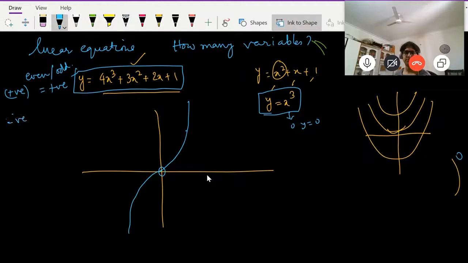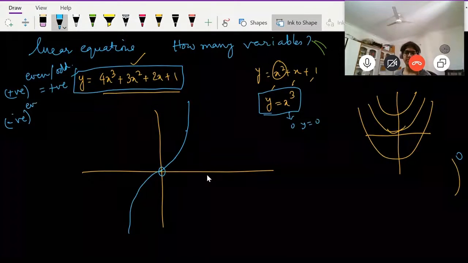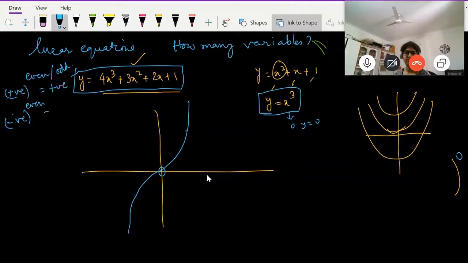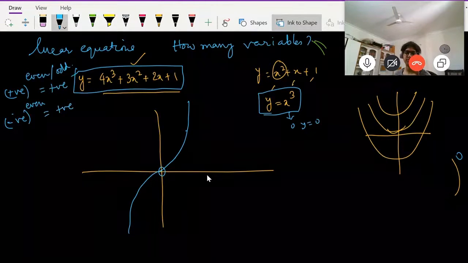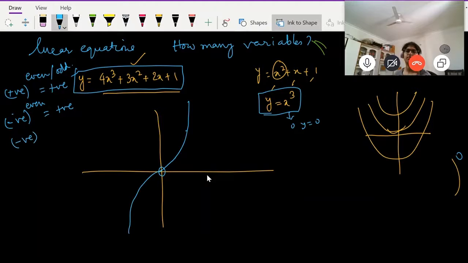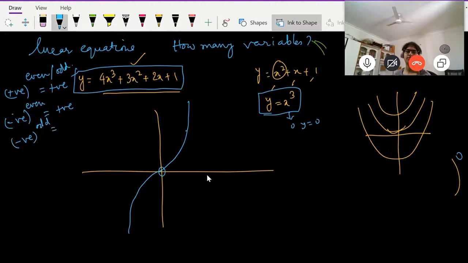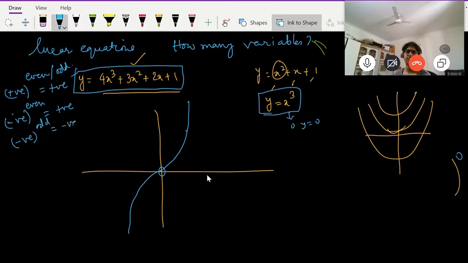Any negative number to the power of an even power will be positive, and a negative number to the power odd will be negative.